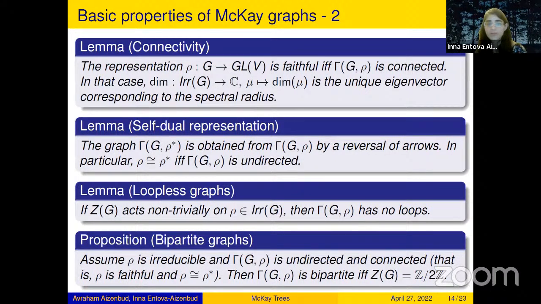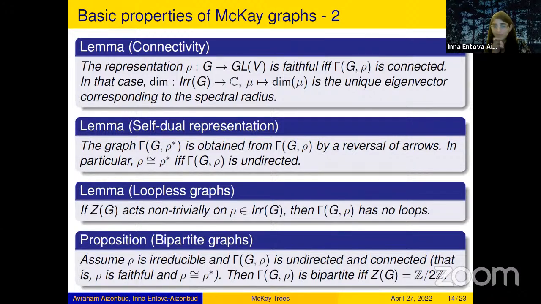What about the question of when the graph is undirected? Well, the idea of reversing all the arrows corresponds actually to taking the dual to the representation rho. So if we take the graph corresponding to the dual representation, this is obtained from the graph of rho by reversing all the arrows. And of course, this means that our graph is undirected precisely when rho is self-dual.